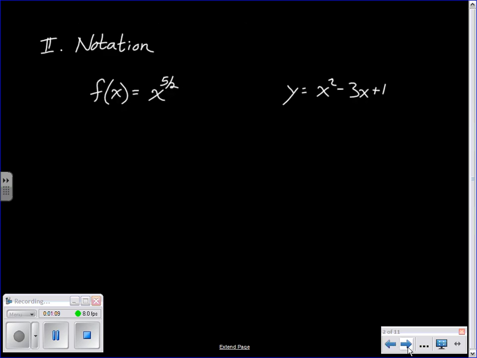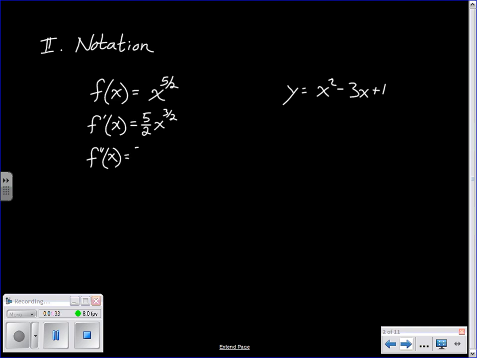So there's some notation that goes along with finding higher order derivatives. Like you saw in the last example, we denote the first derivative with a single apostrophe, or we call it a prime. So this is f prime of x. And using your power rule, you get 5 halves x to the 3 halves. The second derivative we denote with 2 marks, so we call it f double prime of x.